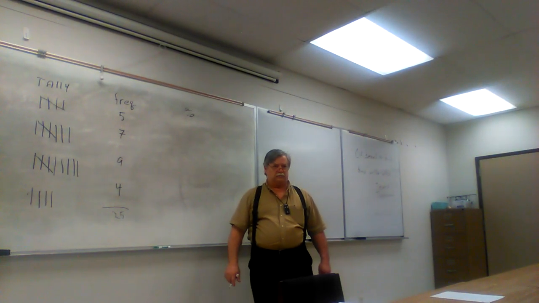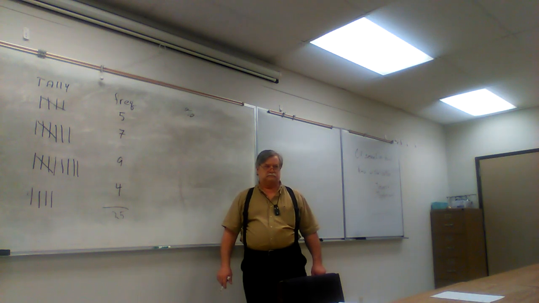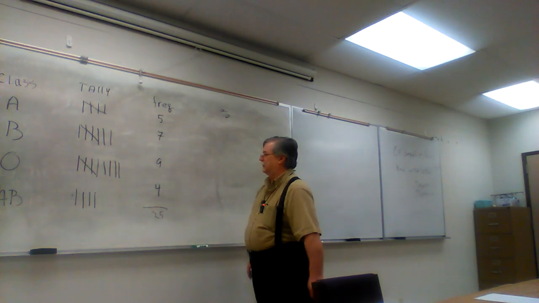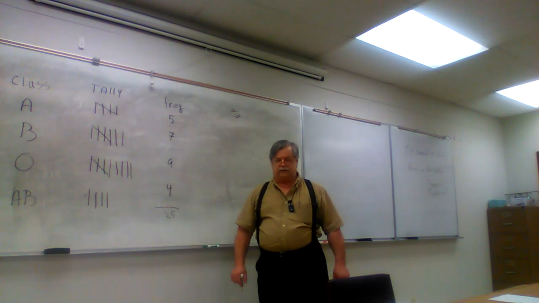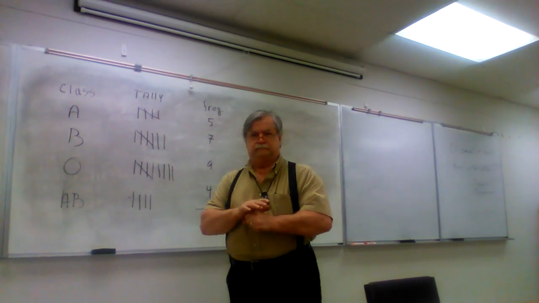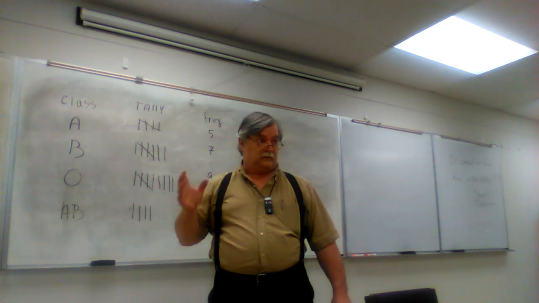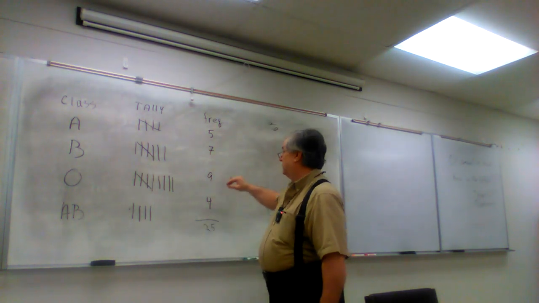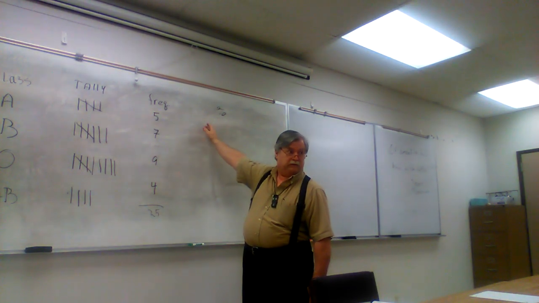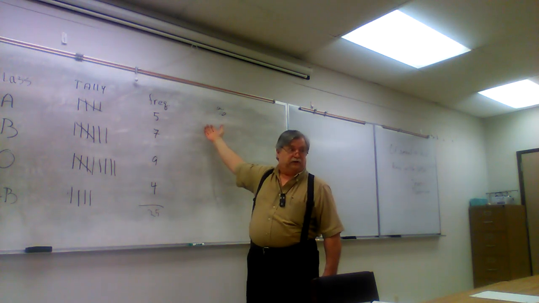Now how do we write these as percentages? Frequency divided by the total, and then times 100. I'm going to tell y'all up front: in my mind, when I divide the frequency by the total and get a number between 0 and 1, that's a percentage.